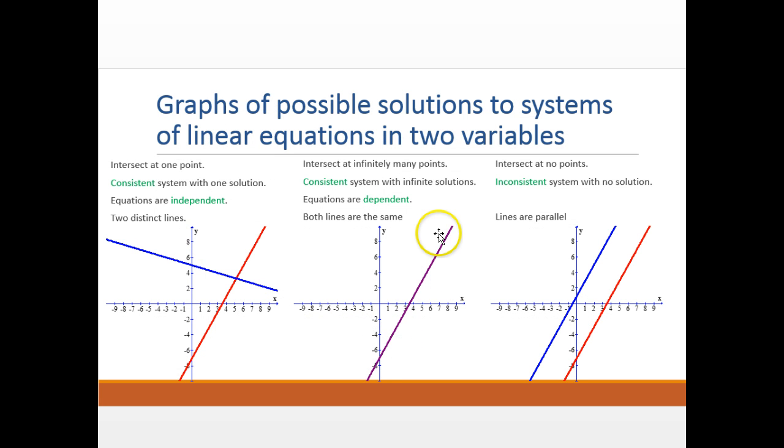The two lines are the same, so when you do the elimination method, they're going to cancel each other out. When you get 0 equals 0, this means the two lines are the same. It's a consistent system, equations are dependent, and there are infinitely many solutions.